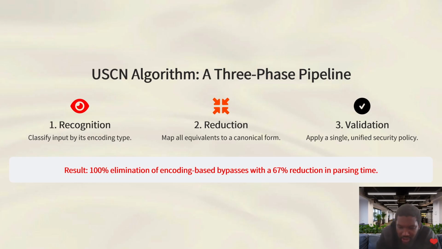Log n is because if you have n, someone can have an algorithm running at n squared log n. But if the log n finishes first and validation is first, before the linear time algorithm, there's no need to validate because the linear time algorithm will take more time than the log n. The result is a logical declaration of encoding-based bypass with a systematic reduction in parsing time. The copy doesn't need to parse anything. It needs to run the code. That's the idea of the UNICN algorithm three-phase pipeline.